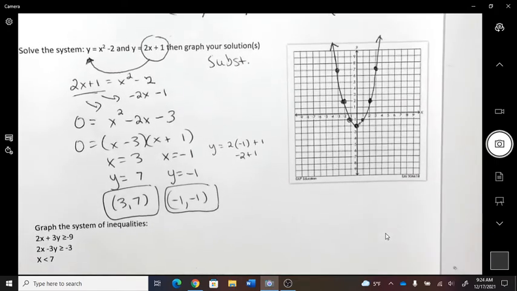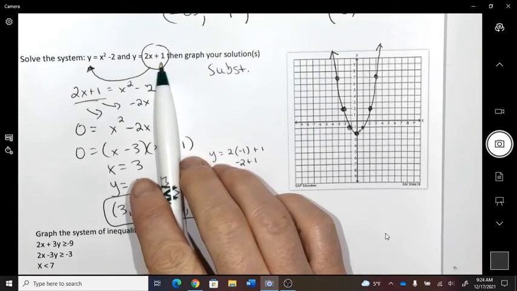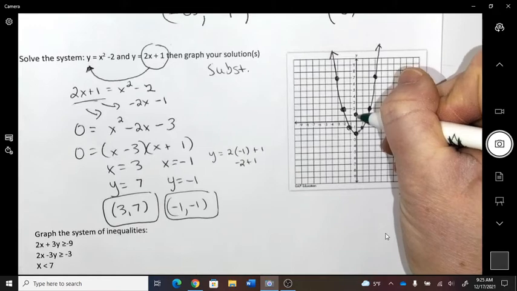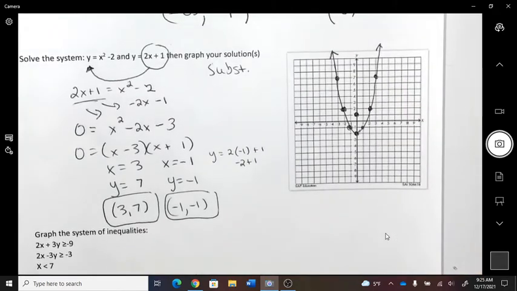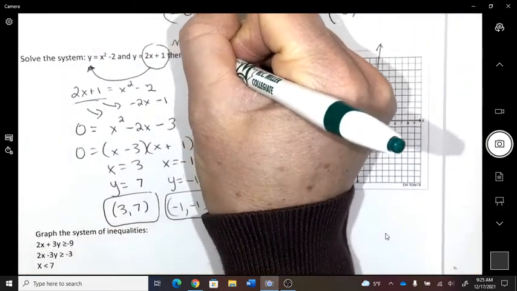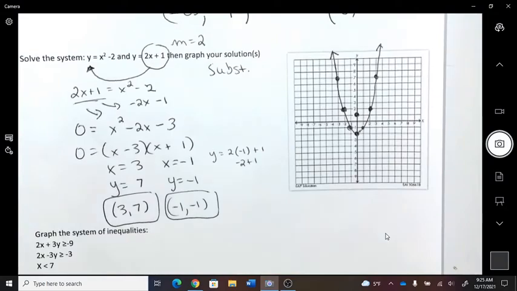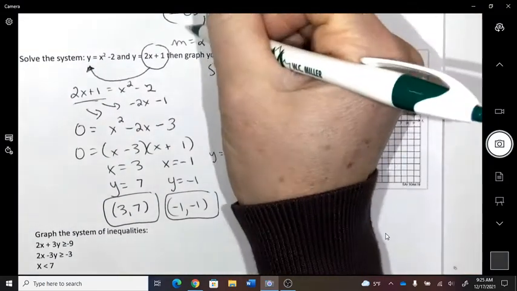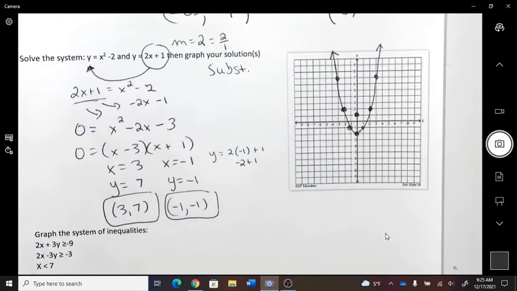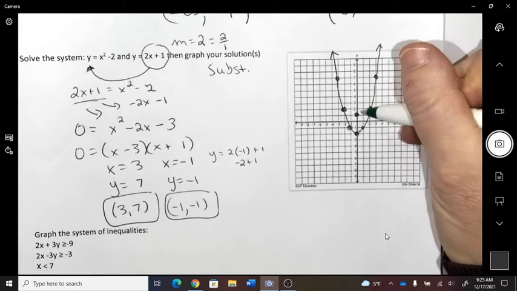Okay, now I'm going to do the line. So plus 1 is the y-intercept. The slope is 2, which is 2 over 1. So I'm going to go up to right 1, up to right 1.